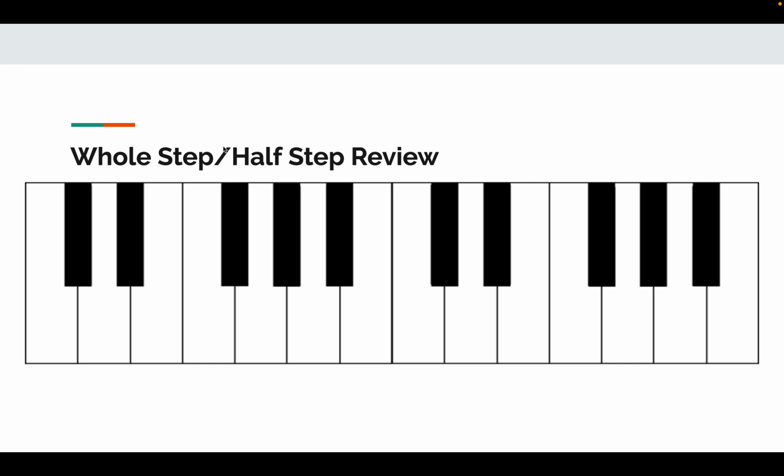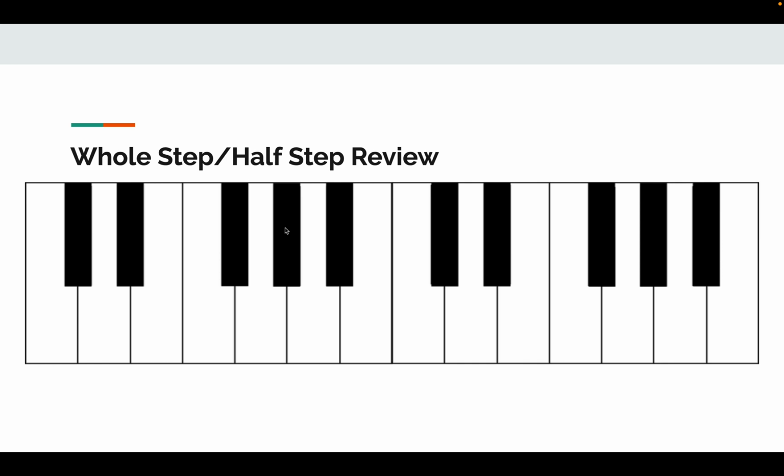And then whole steps and half steps. These are going to come in when we start building chords. A whole step is when you go from one note to another note with a note in between. So this white key to this white key is a whole step because they have the black key in between. Also, black key to black key with a white key in the middle.